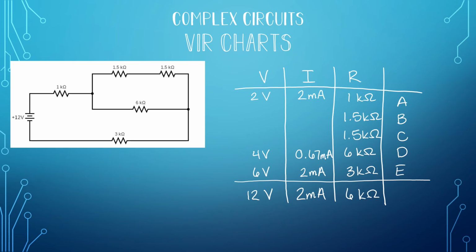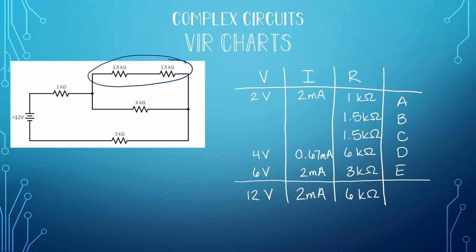So the only things we need to figure out are B and C, which were these two resistors up here. When we initially combined those resistors to create the diagram that we last studied, we said that those two resistors were in series, and we happen to know that current is constant in a series circuit.